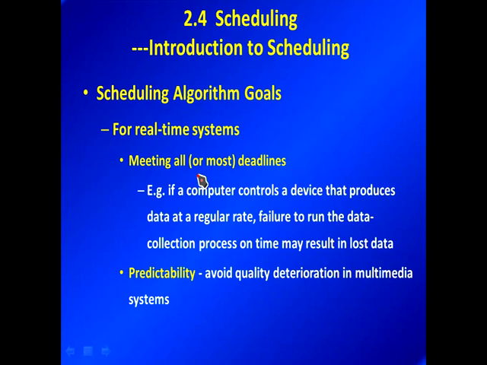And for the real-time systems, we just mentioned that we don't need to focus on specific algorithms. We just need to know that in real-time systems, we need to meet, or at least meet most, deadlines.